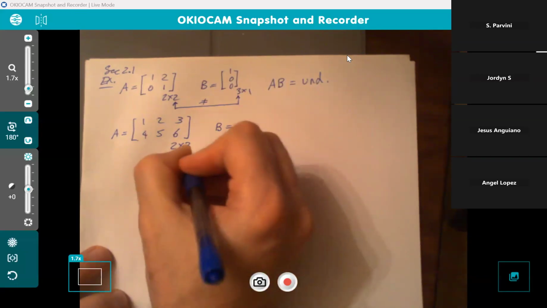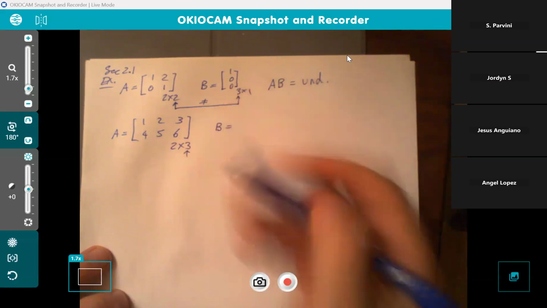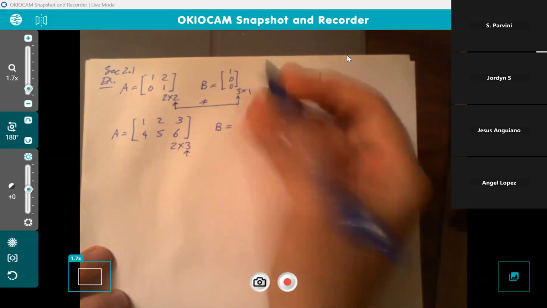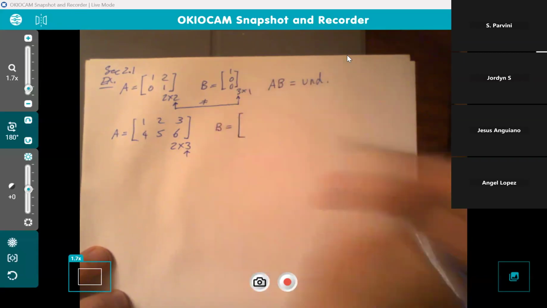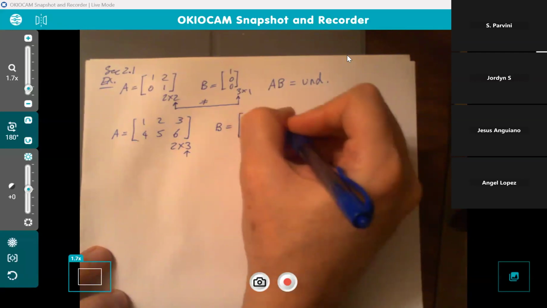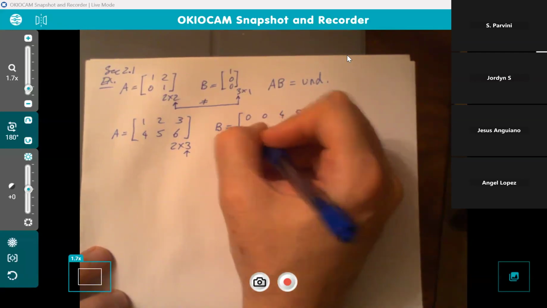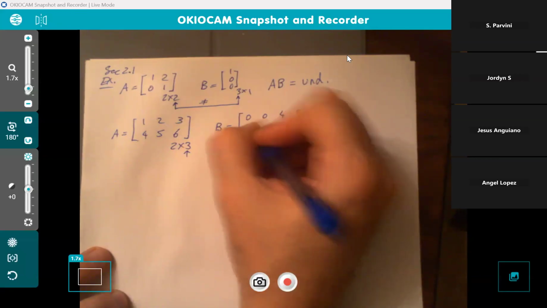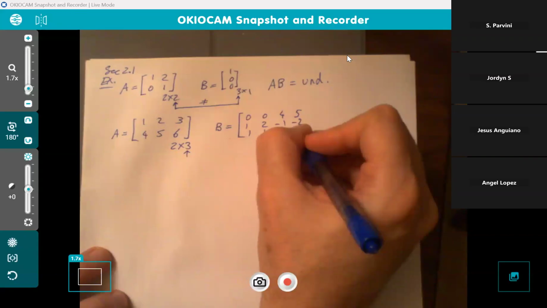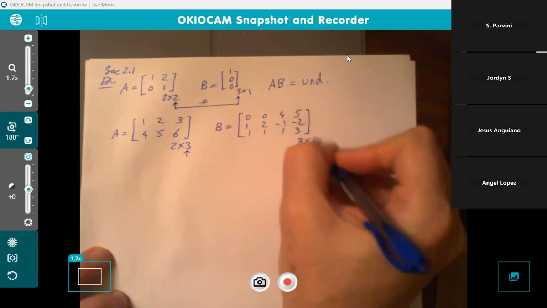Perfect. It's got to be 3. Remember, this is the columns of A. It's got to be the same as the rows of B. So I'm preparing 3 rows here: 0, 0, 4, 5, and 1, 2, -1, -2, 1, 1, 1, 3. Would that work? This is a 3 by 4, isn't it?